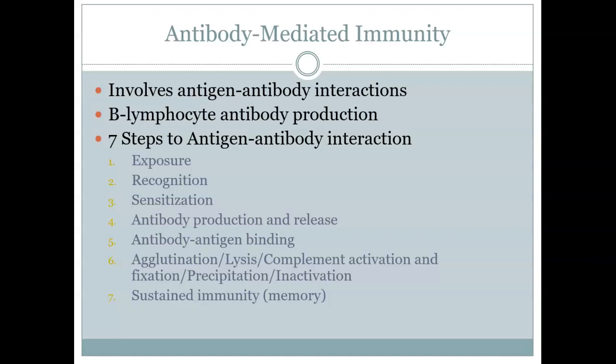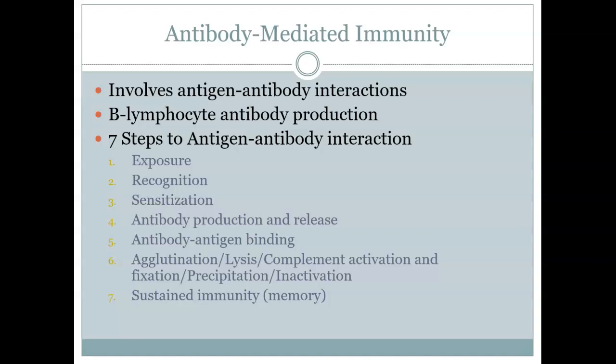At this point, the B cells divide and form plasma cells and memory cells. Plasma cells produce antibodies against that antigen, and memory cells are produced, and these are sensitized, and they function when the person is exposed again. So this is all part of how the antigen is recognized.